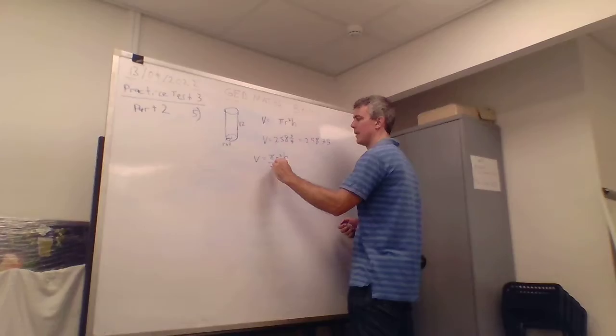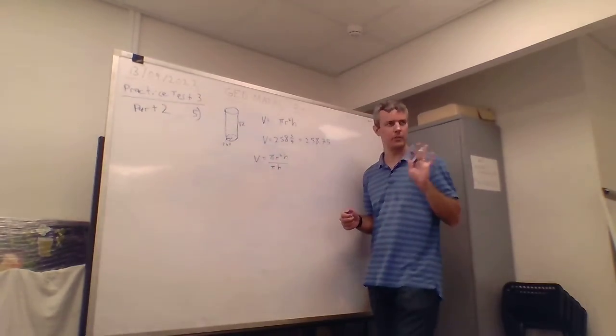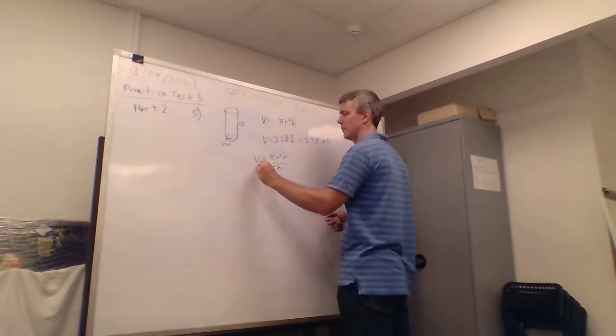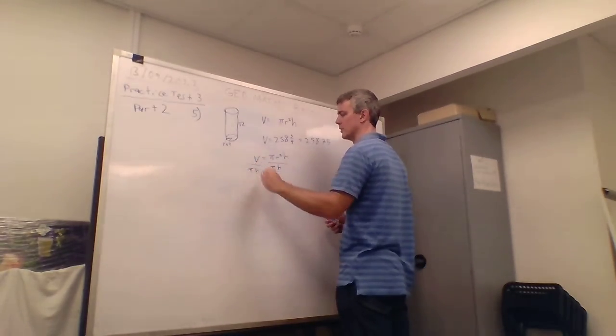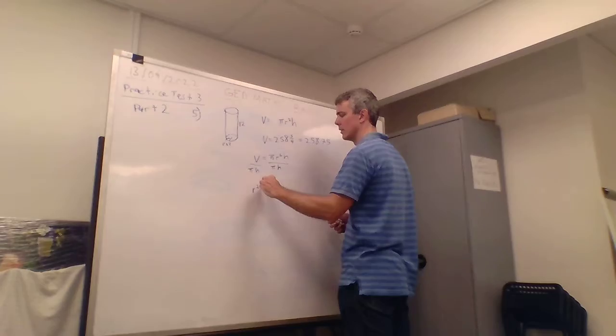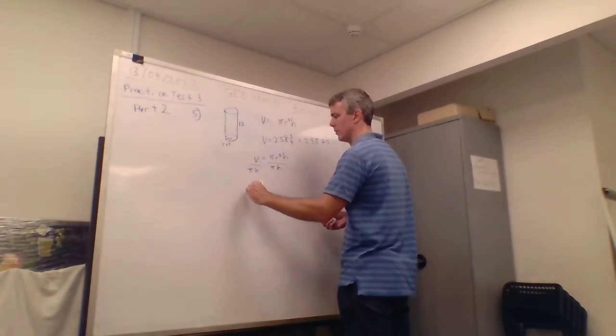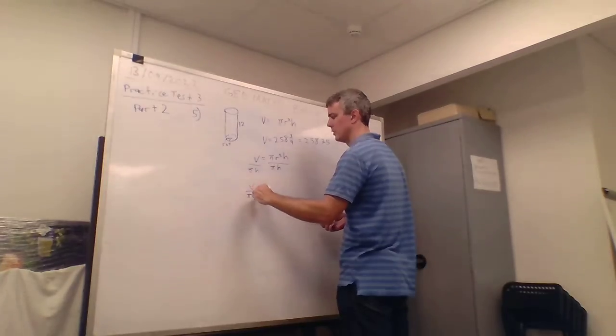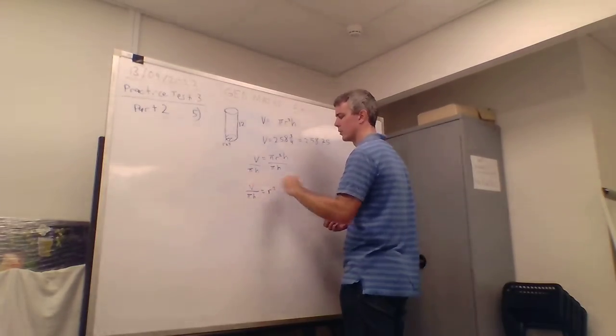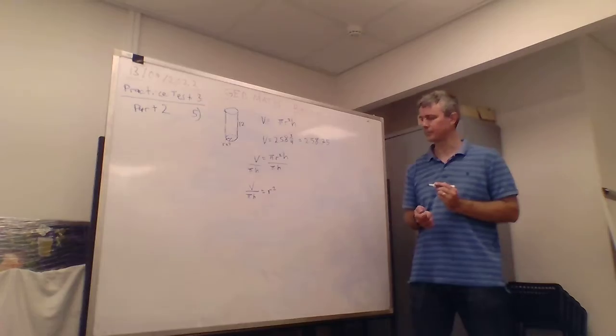So first we divide both sides by pi h. We leave the square there for now. So we have V over pi h equals r squared.